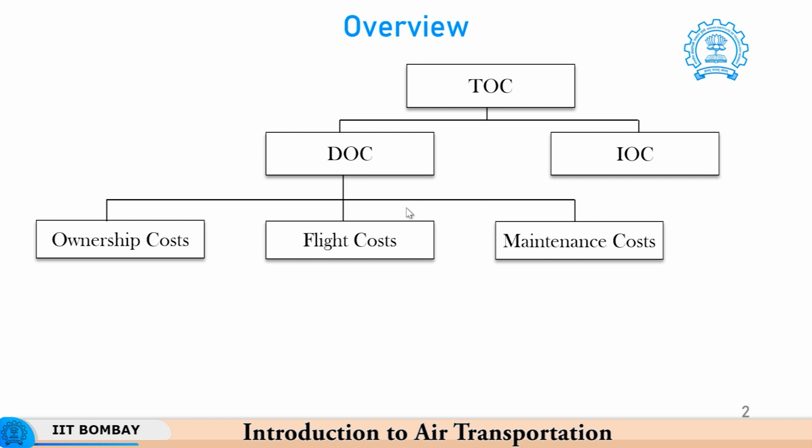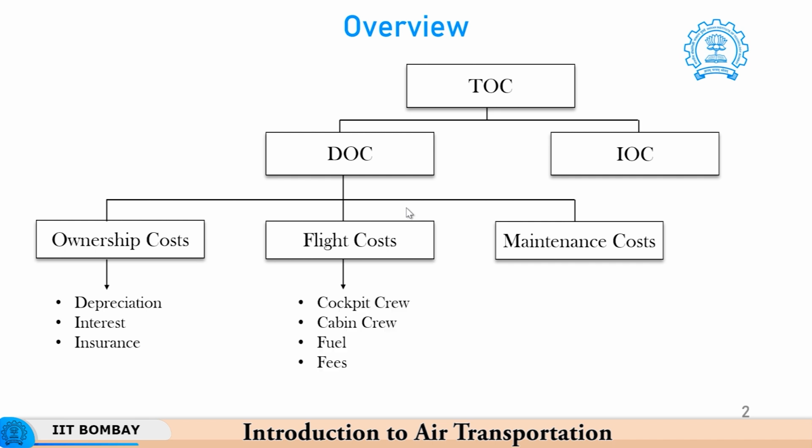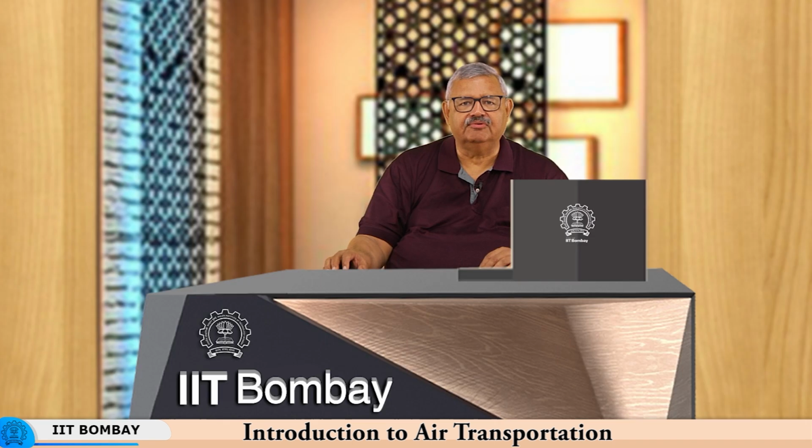Going one step further, the ownership costs consist of depreciation, interest and insurance, and we are going to look at these terms in a little bit more detail very soon. The flight costs generally consist of the expenses towards the cockpit crew, which is essentially the pilots, the cabin crew, which means those who are in the passenger cabin as crew members, the flight pursers and air hostesses.